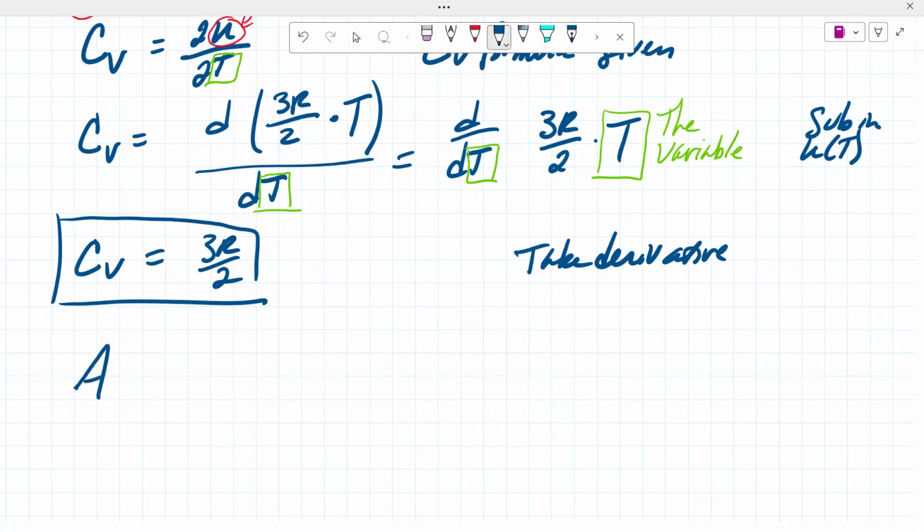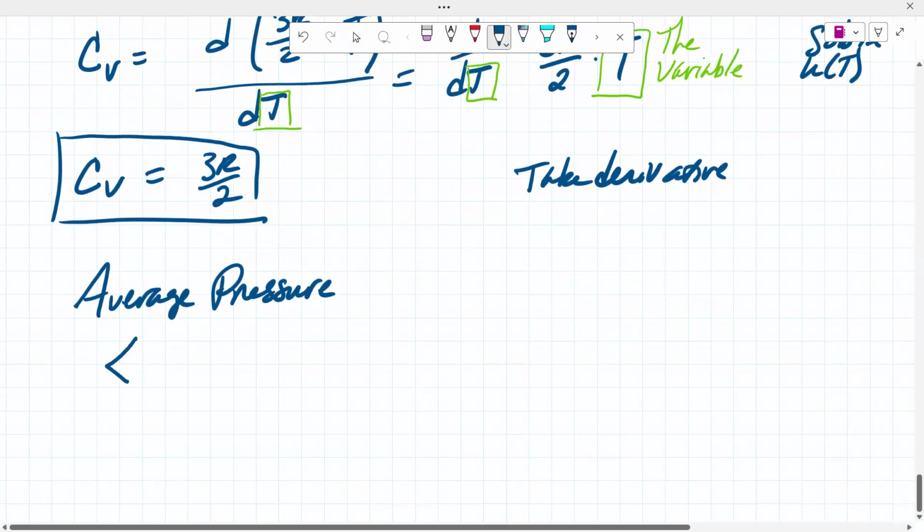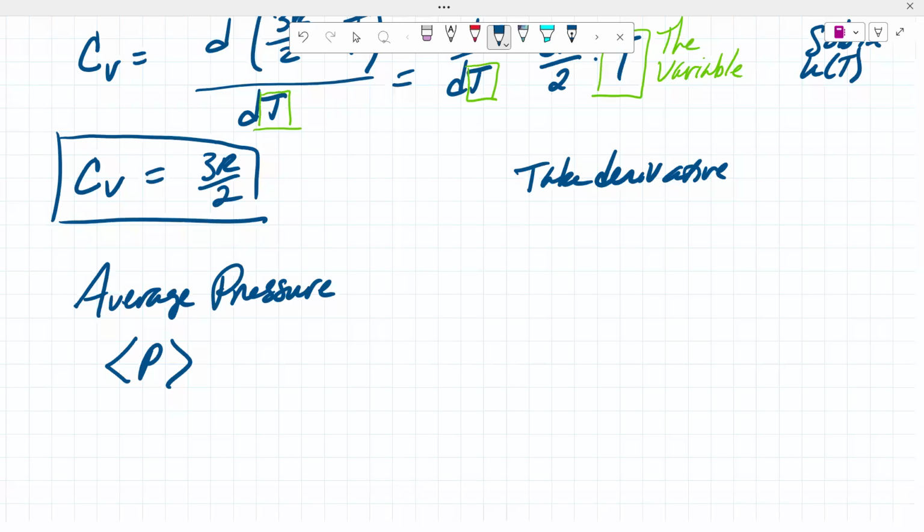Average pressure. So the angle brackets mean average.